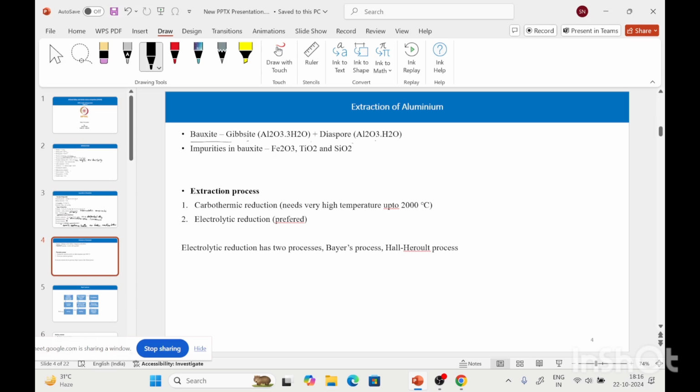The gibbsite has 65.4% alumina in it, meaning the percentage of alumina in gibbsite is 65.4, while in the diaspore the alumina percentage is 85.4%.